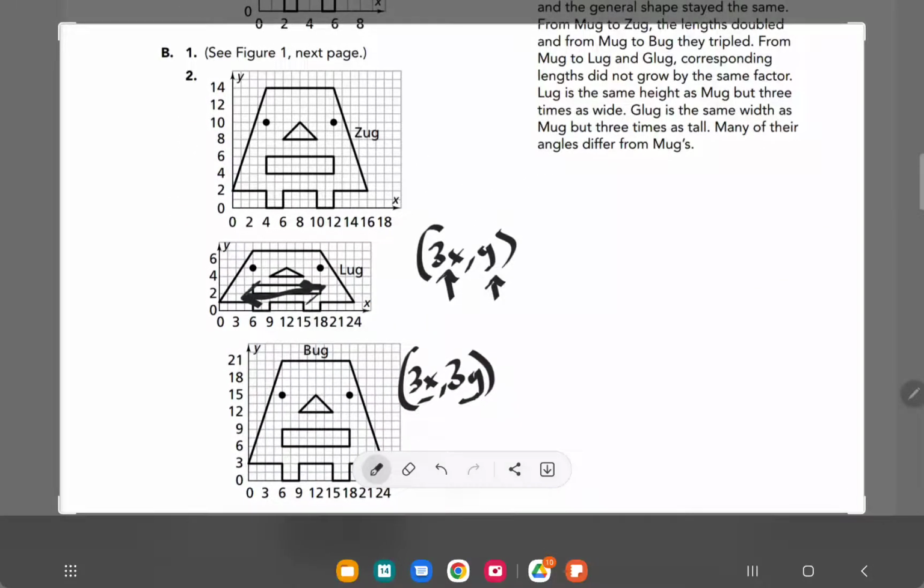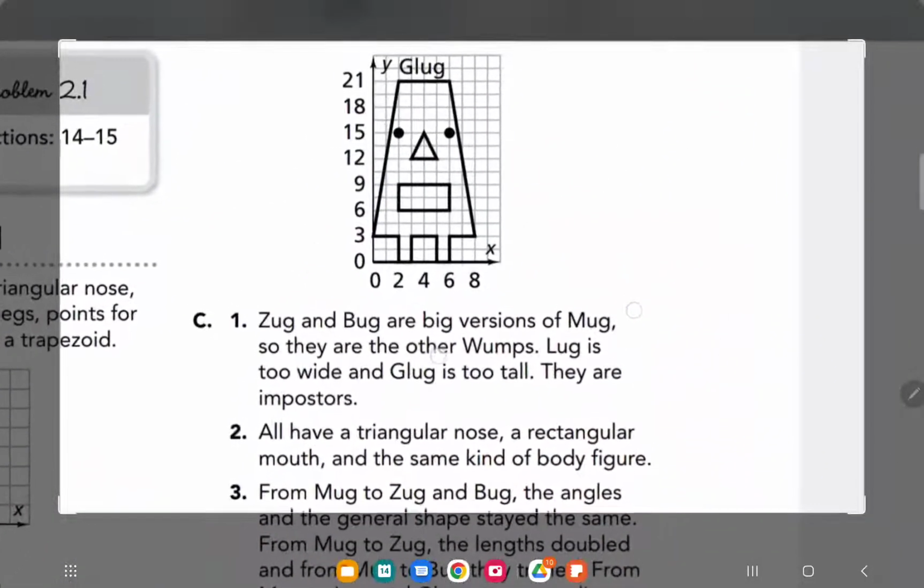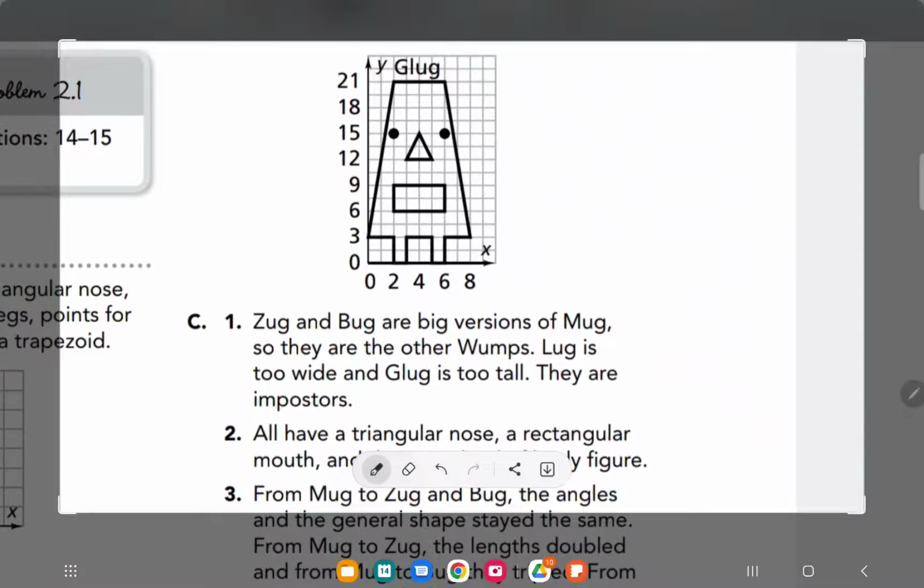Lug, he doesn't look similar. He's way too wide to be part of this family. And then for the last one with Glug, this is the one where you multiplied x by nothing. You kept x the same. So Glug is just as wide as his brother Zug or Mug, but he's 3 times taller because of that factor of 3.